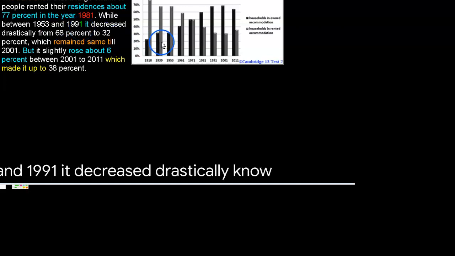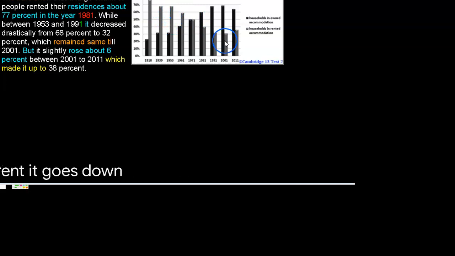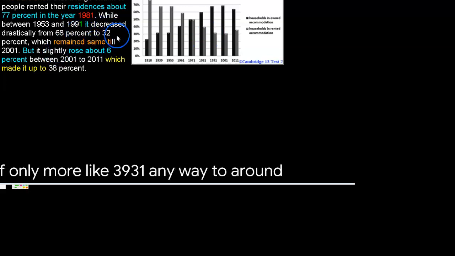No? I'm sorry, it did actually decrease. Yeah, rented. It goes down. From 68 to 32%. I'd say that probably more like 31, but anyway, to around just over 30%.